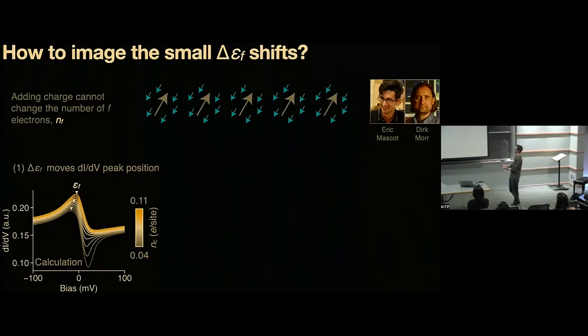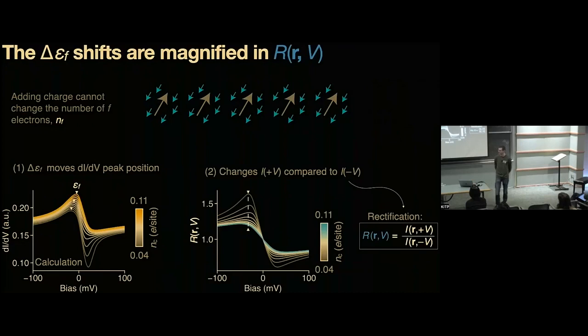Now these shifts are quite small, so we're going to do a little trick. The trick is that because they're so close to the Fermi level, if you change them just a little bit, it dramatically changes the asymmetry, the particle hole asymmetry of the IV curves, such that if we calculate this ratio, the ratio of forward tunneling current to backward tunneling current, that's called the rectification, you translate these small energy shifts into large amplitude variations.